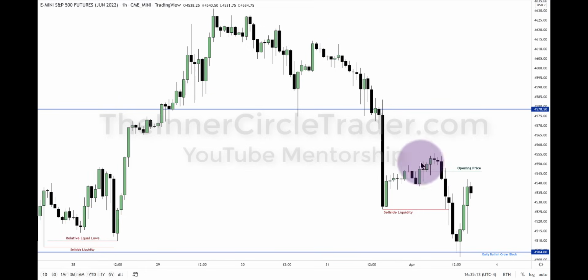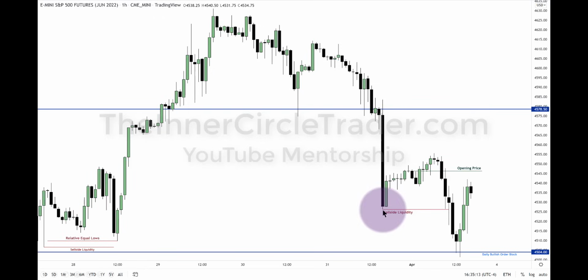This is going to be manipulation. The manipulation is the running above a key level when we are bearish. We're expecting this to go lower. All of this is basically market protraction, where it's a Judas swing. The market's going in the opposing direction that it's likely to go to later in the day. So later in the day, we expect this to go lower.